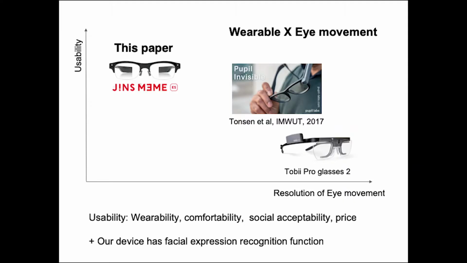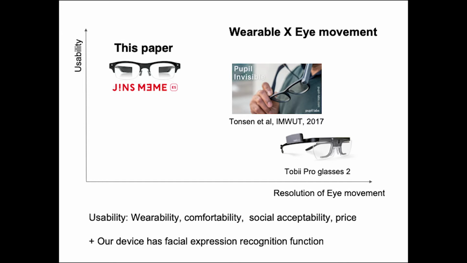Of course, there are many techniques explored to measure eye movements using wearable devices. We take two axes. One is usability, wearability, comfortability, social acceptability, and price. The second is the resolution of eye movements, or accuracy and precision.